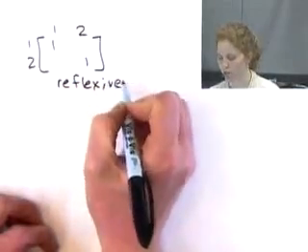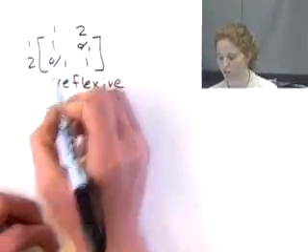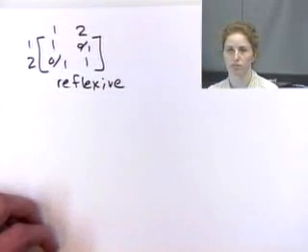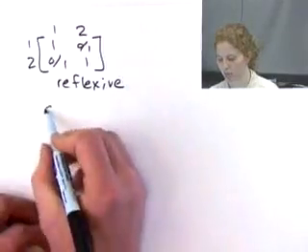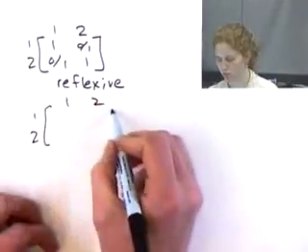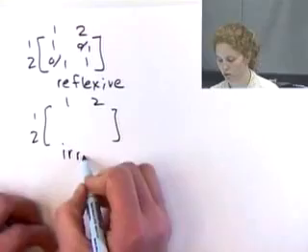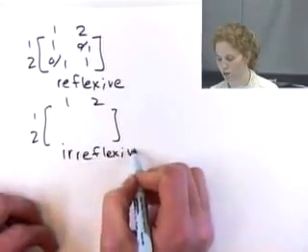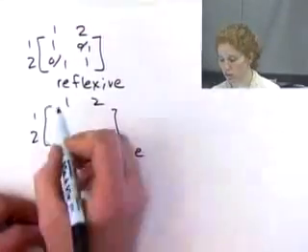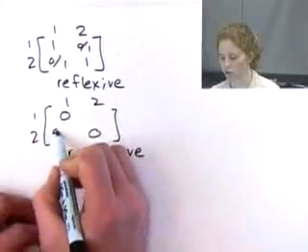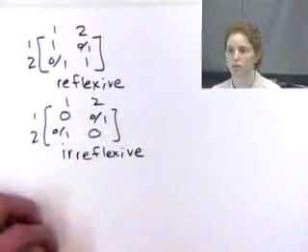It doesn't matter what the other things are. Could be 0 or 1 in either one of those places. But anything that looks like that is reflexive. How about an irreflexive matrix? It has to have what on the diagonal? Zeros, because it can't have 1, 1, and it can't have 2, 2. It doesn't matter what's on the outside.